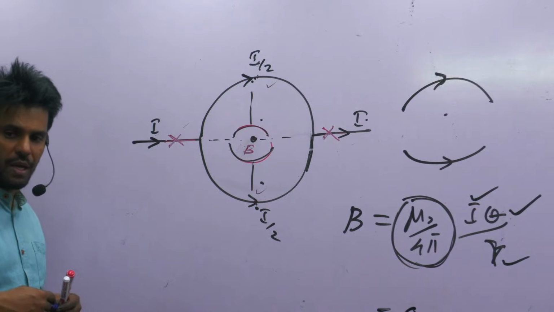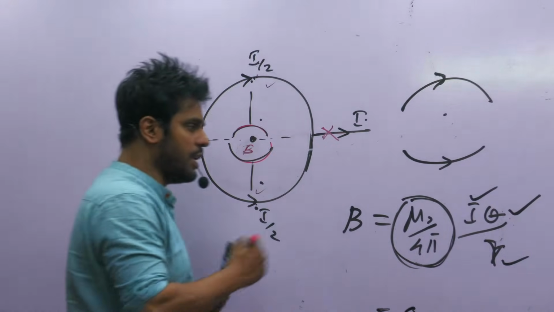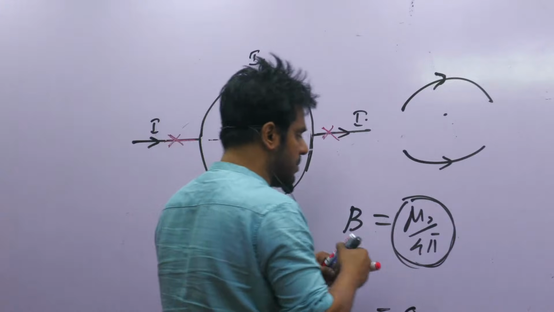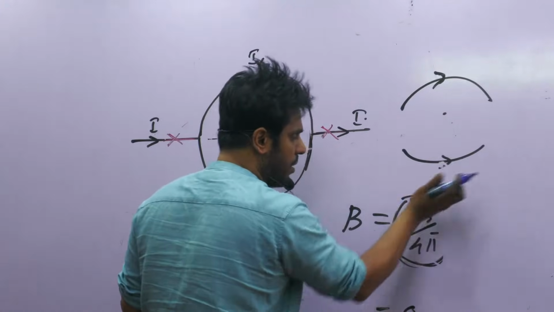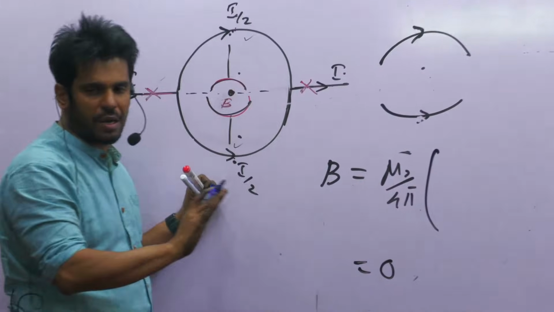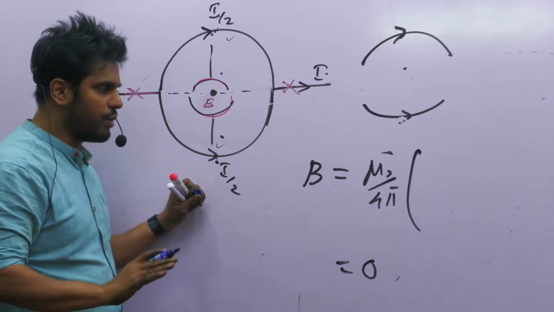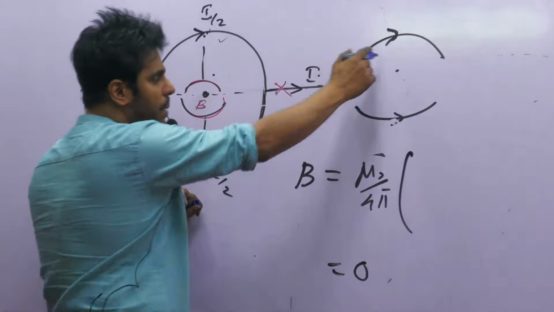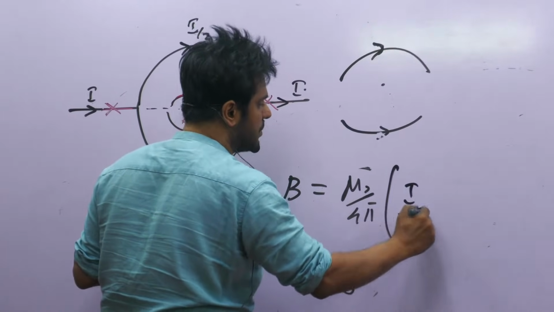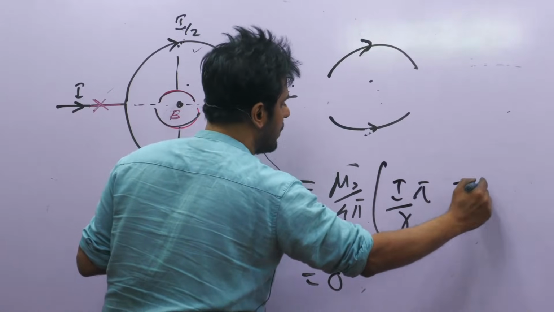If you simplify it using the equation, I am going to write it here. But actually you can do it like this, no need to write the equations. Upper part I theta divided by r, and below part I theta divided by r.